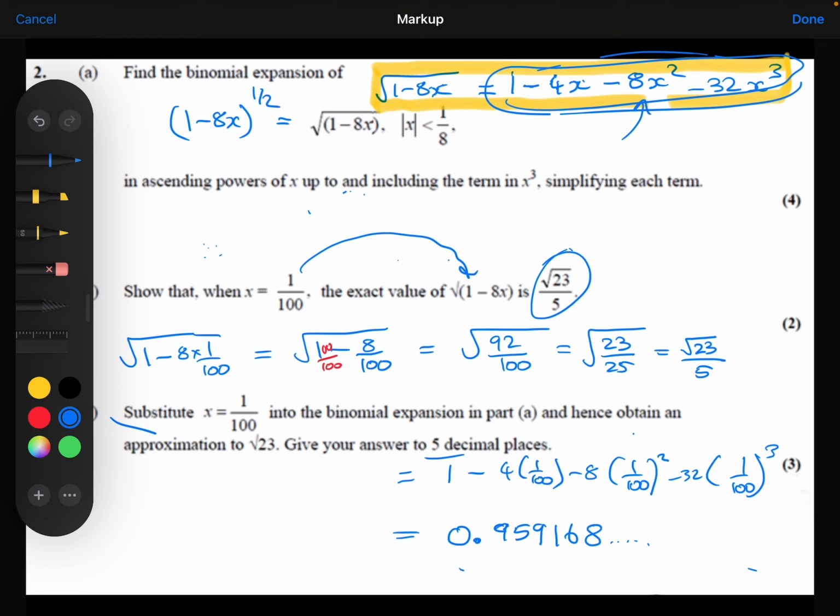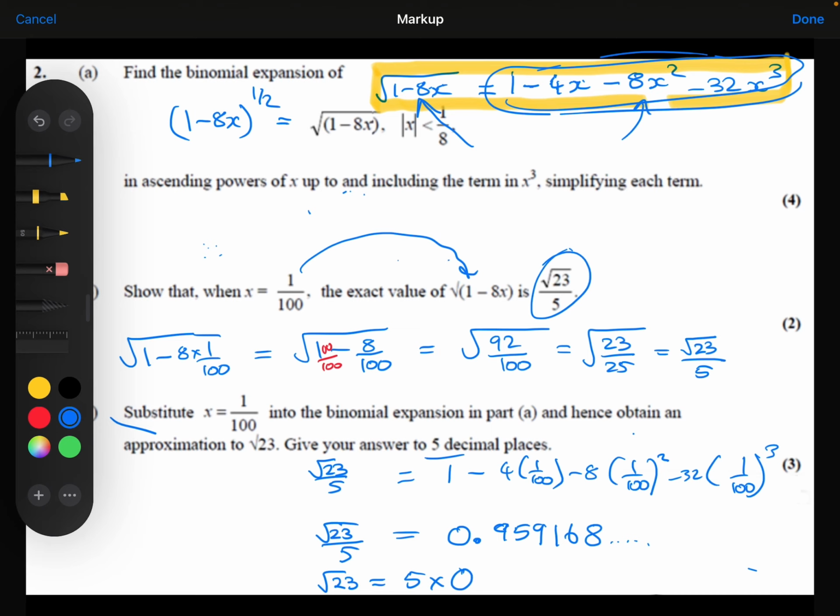And in part B, we showed that when we substitute 1 over 100 into here, we get root 23 over 5. So what we've actually just done here is found an approximation for root 23 over 5. We have not found an approximation for root 23. But that's fine, because all we need to do then is take what we've just got and multiply it by 5.